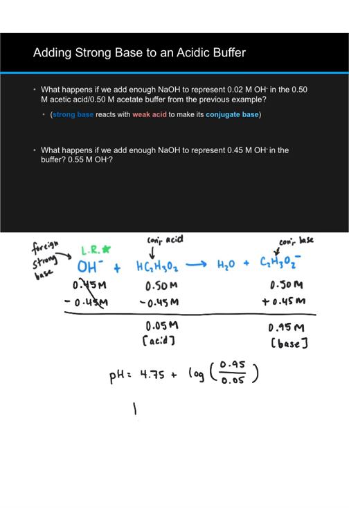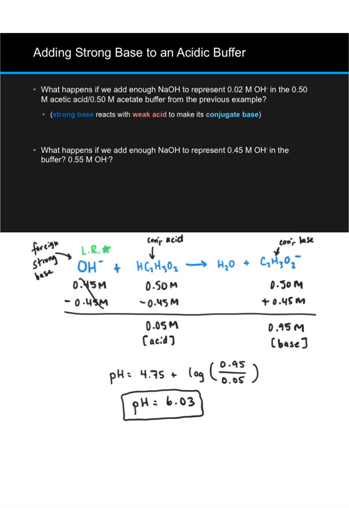At this point, the new pH is equal to 6.03, which is quite a big change from the 4.75 we'd had for the pH of our buffer before we'd added any base to it at all. This is 27% different from the starting pH of our buffer solution, but it's still not quite as high as the 0.45 molar hydroxide ion pH.